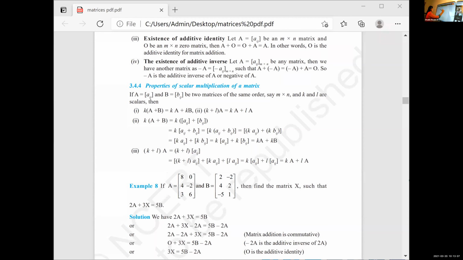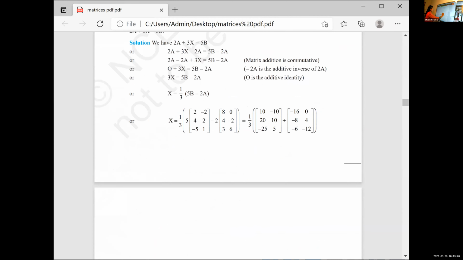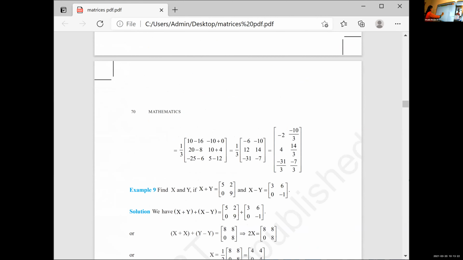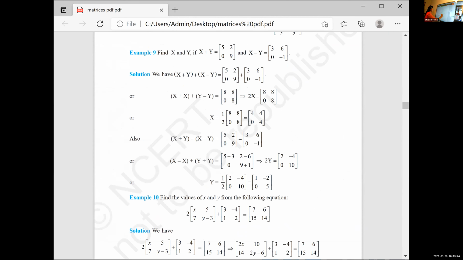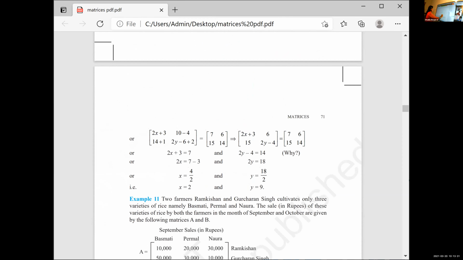Now, the next example in your textbook, example 8, is a very, very important example. Try it as today's homework. Example 9 is very important. Examples 8, 9, 10 are today's homework.